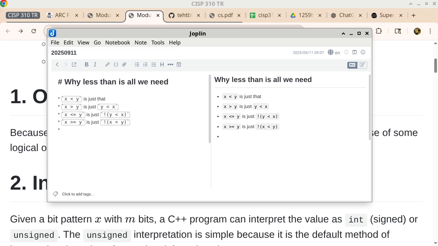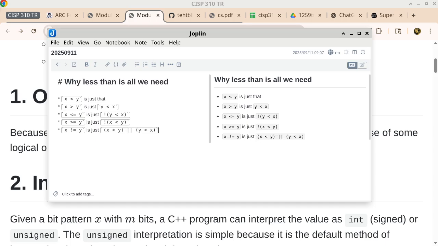So now we get into something a little bit more hairy, which is what about x does not equal to y? In C++, it is the exclamation point equal to. Well, as it turns out, this is not too hard. This is really just x is less than y or y is less than x.